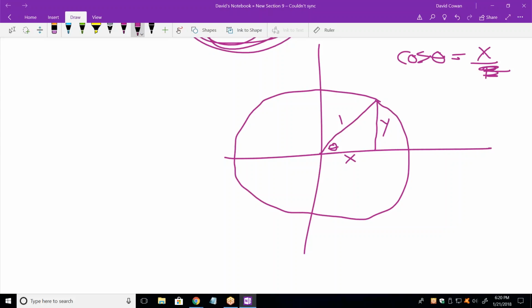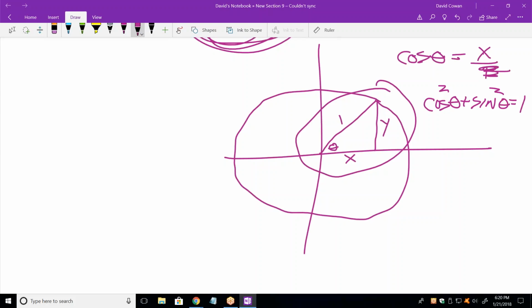Now look at this right triangle. x squared plus y squared equals 1, right? That's cosine squared plus sine squared equals 1. In other words, sine of theta is y. So this point right there, very important to understand, has coordinates cosine theta, comma, sine theta.